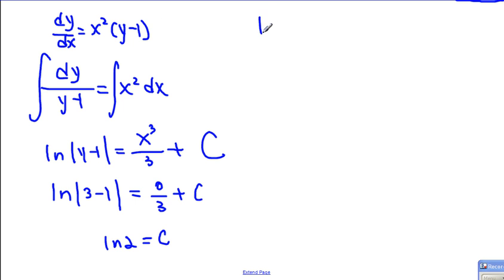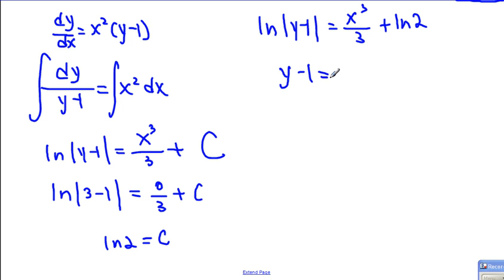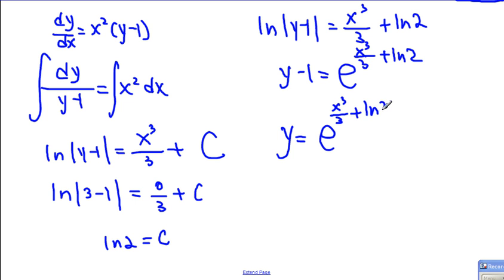Then our expression becomes ln of y minus 1 equals x cubed over 3 plus ln of 2. Then in order to get rid of ln, we raise by e. Then we have y minus 1 equals e to the x cubed over 3 plus ln of 2. Then y becomes e to the x cubed over 3 plus ln of 2, adding 1 at the end.